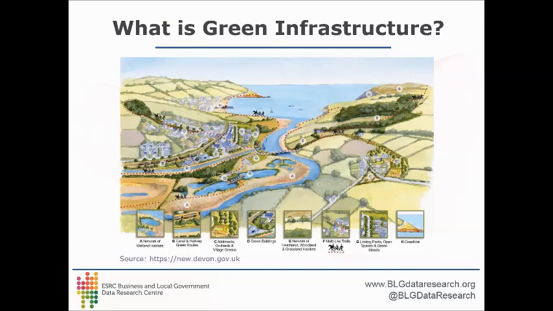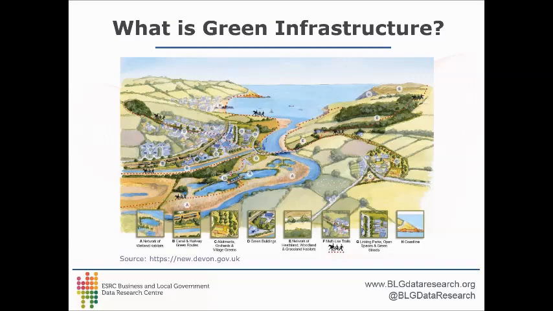The slide you can hopefully see on the screen now comes from the Devon County Council website. And it's quite a nice, I think, diagrammatic illustration of different types of green infrastructure.